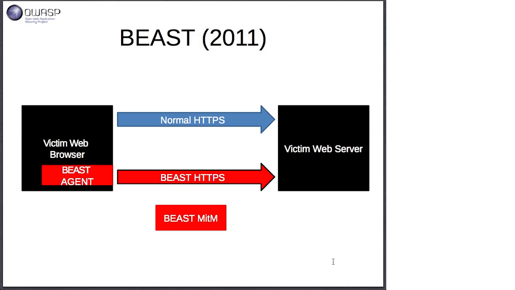What they realized is that if you have a server which is doing HTTPS, if you can get an evil client in there, like for example an applet or JavaScript, you can try to resend something which you want to become similar to this traffic.